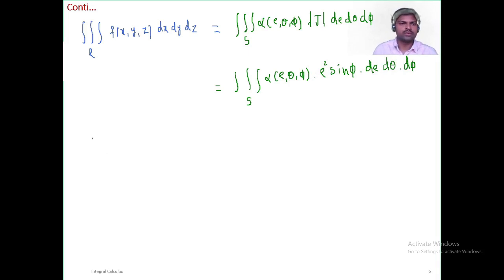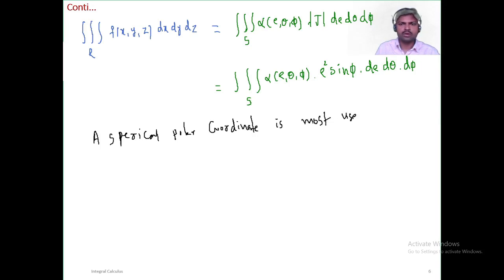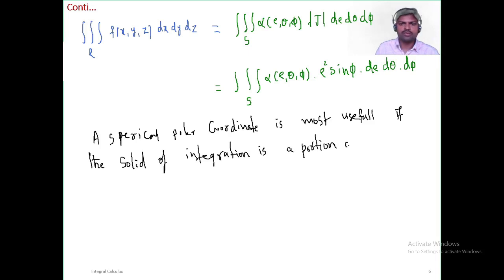Okay, so therefore a spherical polar coordinate system is most useful if the solid of integration is a portion of a cylinder or a sphere.